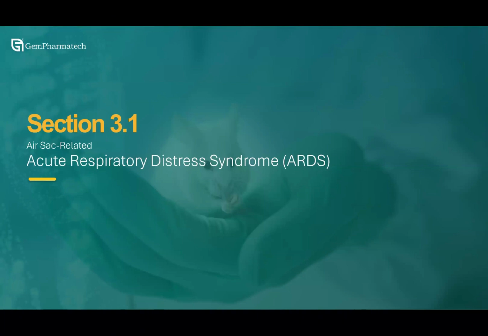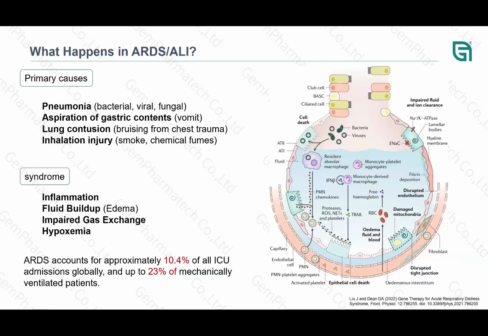First, let's take a look at the most typical disease related to the air sac, acute respiratory distress syndrome, the ARDS, or acute lung injury. ARDS refers to a life-threatening acute respiratory failure, which is triggered by various direct or indirect lung injuries, such as severe infection, trauma, and aspiration.